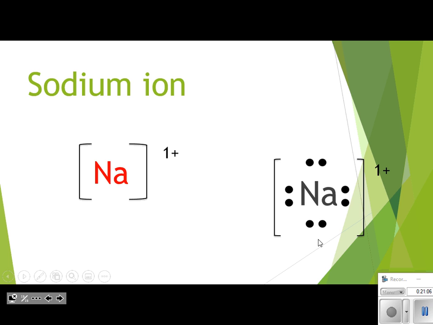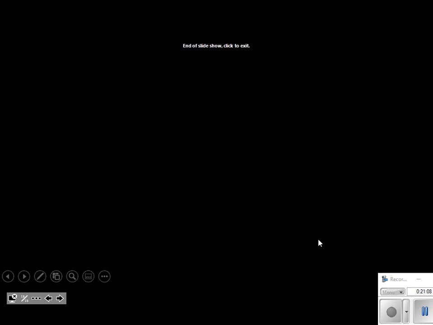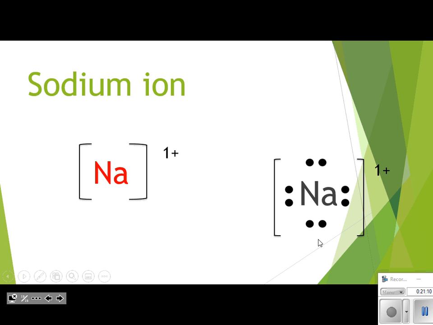Now, I believe that's the last slide. Here's what you need to do with the remainder of the period. Number 1, I'm going to explain it first. I'm going to give you a piece of paper where you're going to write down either the learning target or the success criteria or the I can.